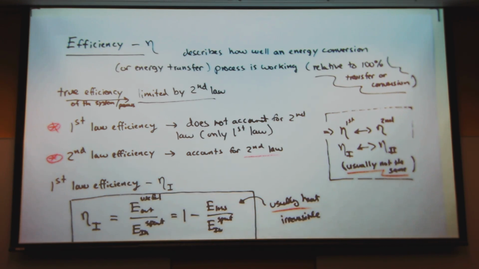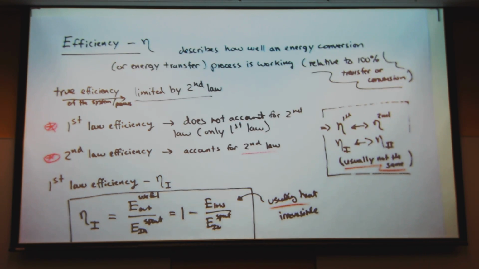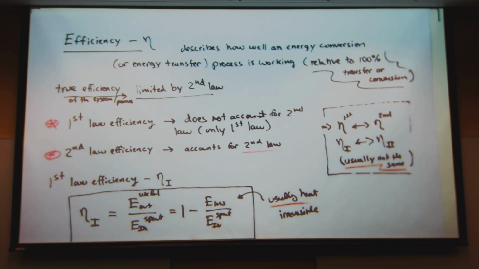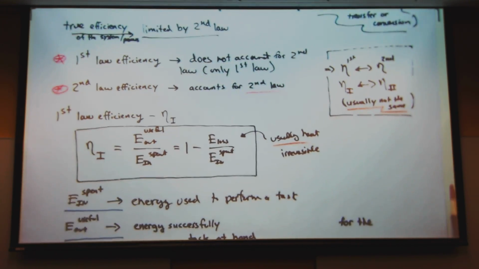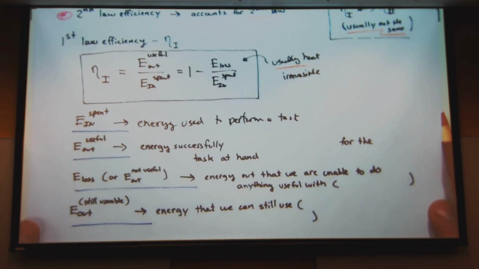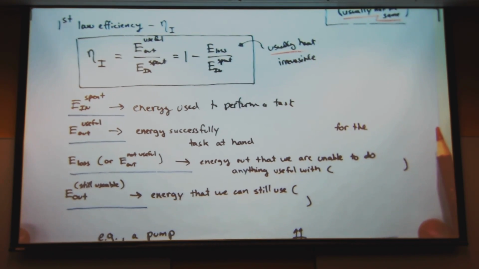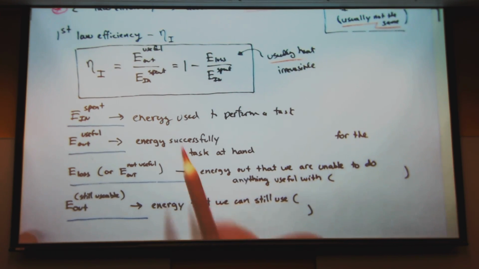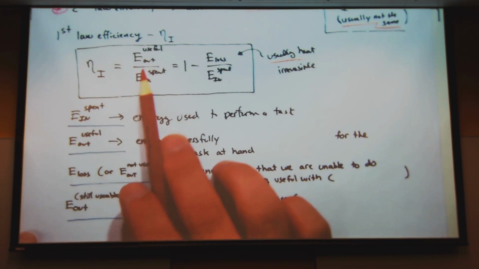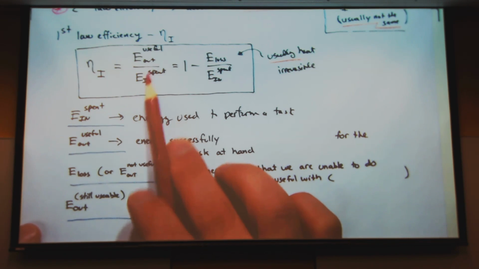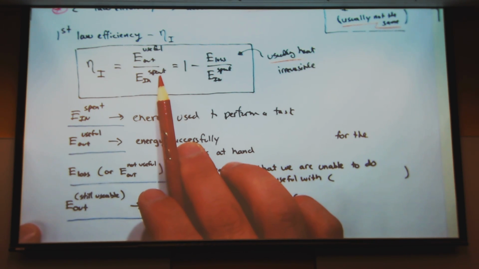Hopefully we can see this in the next few equations and descriptions. So a first law, second law, and I can use the subscripts, and sometimes they're the same, but usually not. So then I have this equation, the first law of efficiency. I can say η1 is equal to the energy out useful over the energy in spent.